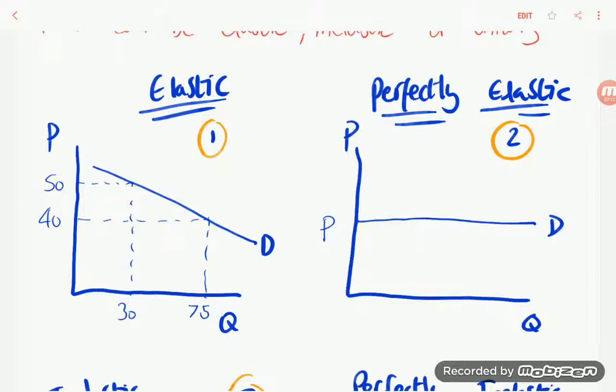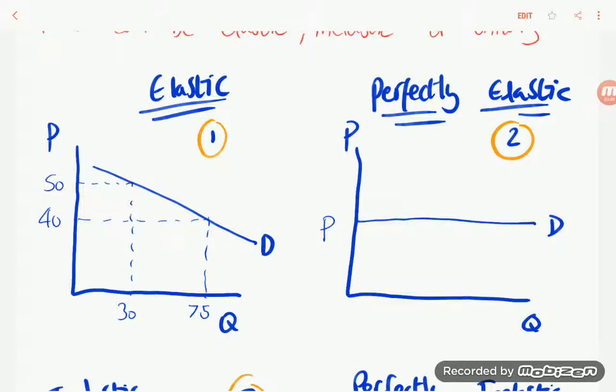If we take the first diagram on the screen and focus on that one, diagram 1, relatively elastic, PED will be more than 1. If the value of PED, again ignoring any minus sign, is greater than 1, demand for the good is elastic. This means the percentage change in price will cause a larger percentage change in quantity demanded. The higher the value of PED, the more elastic is the demand for the good.